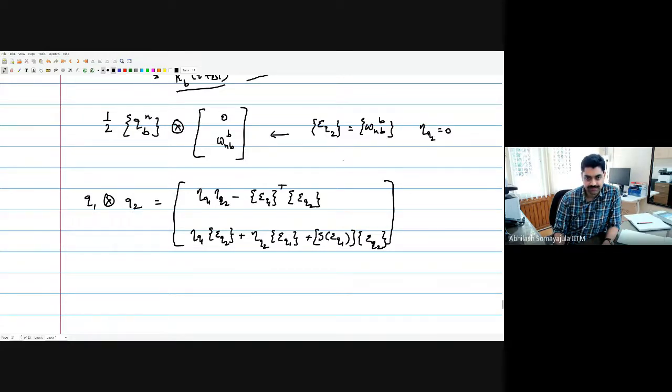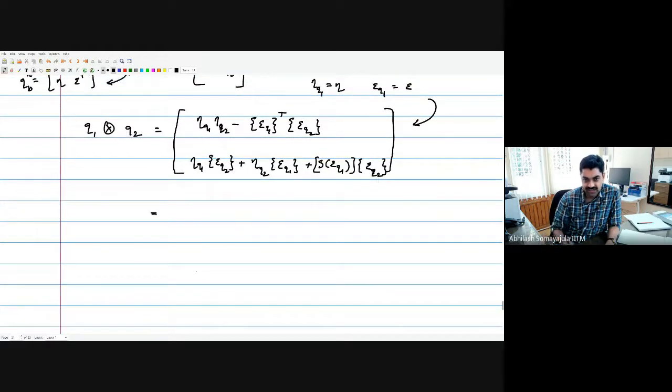I'll denote eta q1 as eta and epsilon q1 as simply epsilon, assuming that q_NB is given by eta, epsilon transpose. Does that make sense? So we simply plug these values in, and that will do our trick.